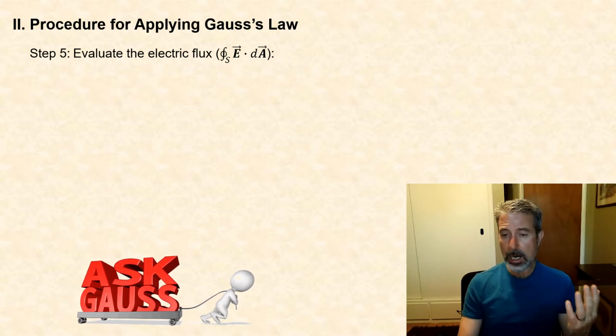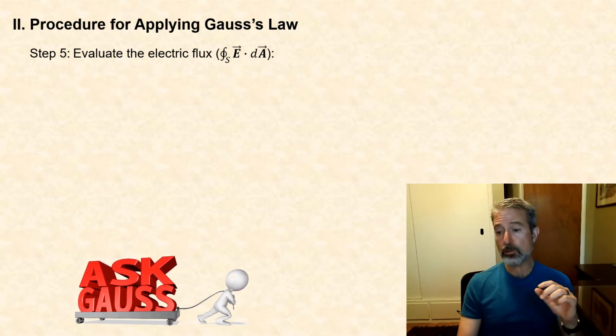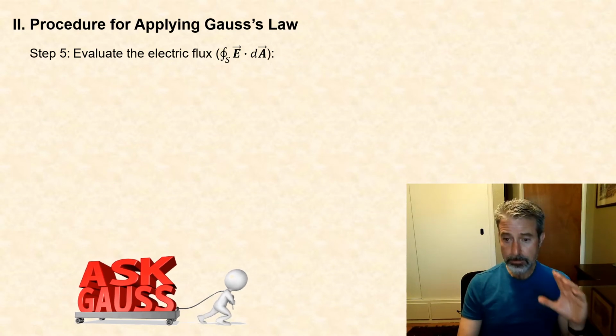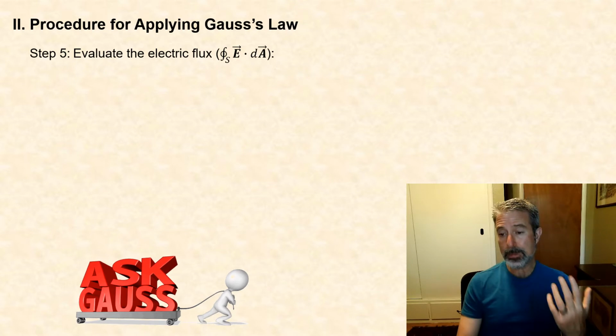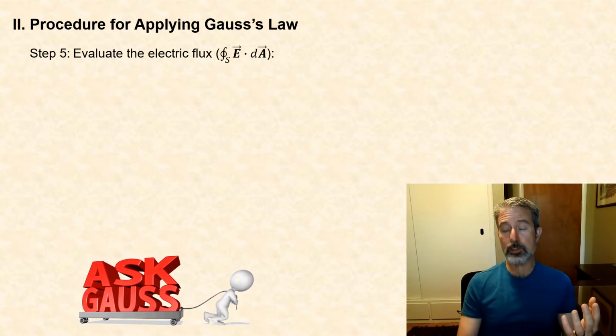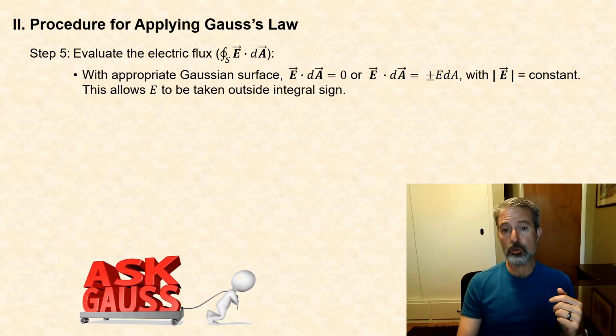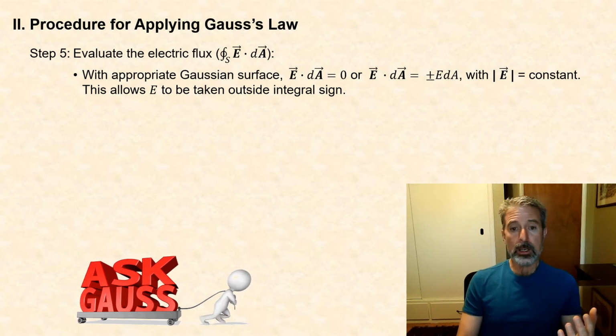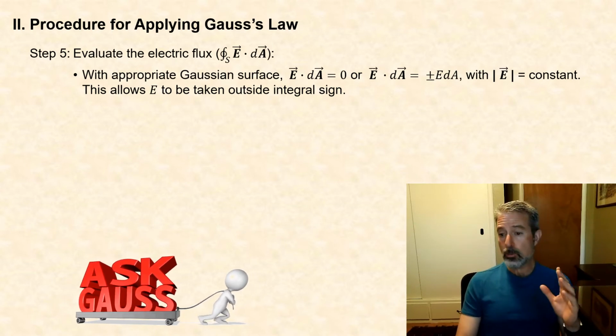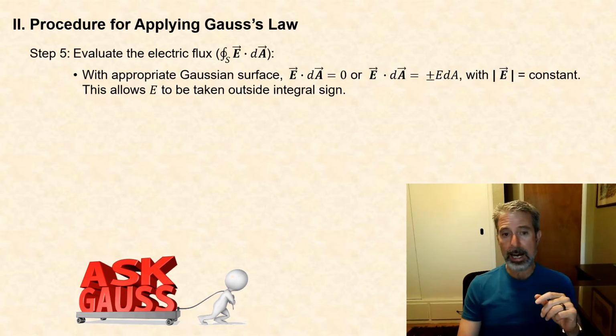And once you've got this, you are now ready to evaluate the electric flux, either for the surface, or let's say each piece of the surface individually. Here's what's going to happen, believe it or not, one of two things is going to happen.